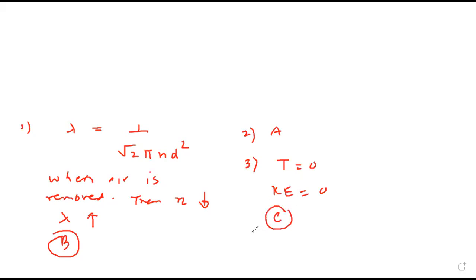That is C. Fourth. Kinetic theory of gas breaks down most. Breakdown means fails. So KTG fails at high pressure and low temperature.